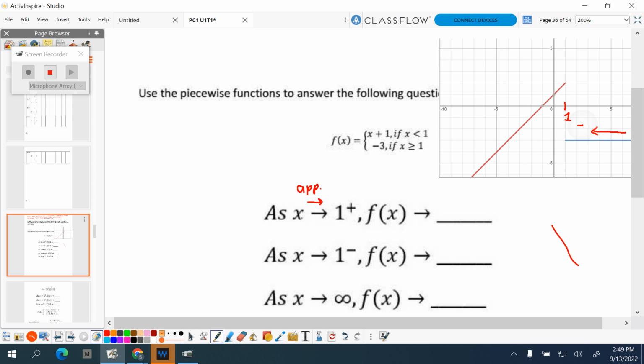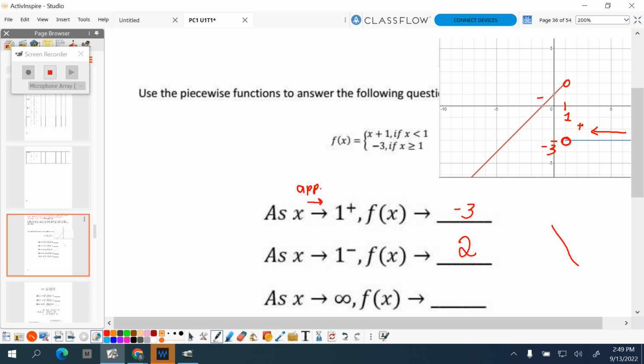Remember, the positive side of 1 and the negative side, coming from the left is negative, coming from the right is positive. So as I approach 1 from the right, I'm going to hit a height of, looks like, -3. As I approach 1 from the left, I'm going to hit a height of, looks like, 2.